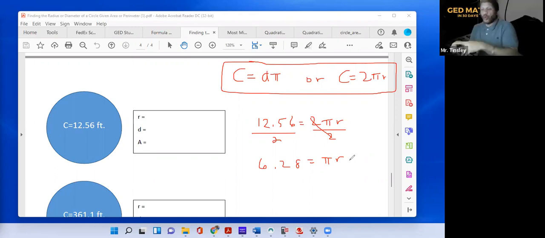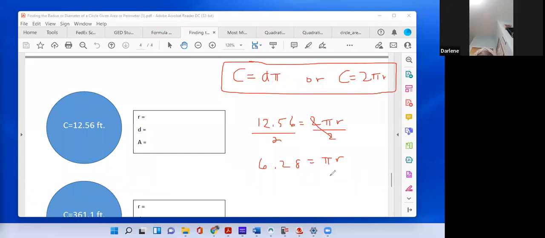No. So how can I get r, the radius, by itself? What do I need to do? Divide by pi.